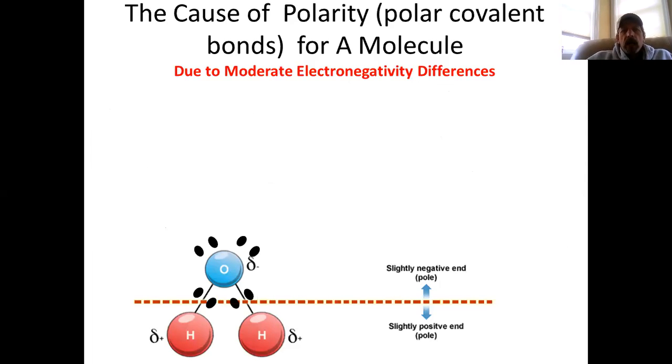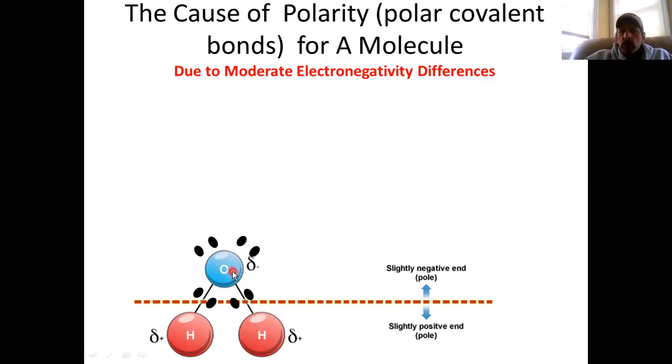So the cause of polarity, one of the causes, now there are other causes, but we're going to start with the simple, is a moderate electronegativity difference between two different elements when they join up or bond. So if we're looking at our visual here, down below, we see how we have an atom of O bonded with two atoms of H. Well, these are both nonmetal atoms, and they will undergo what we call covalent bonding by sharing valence electrons.